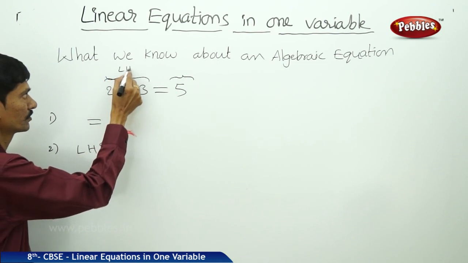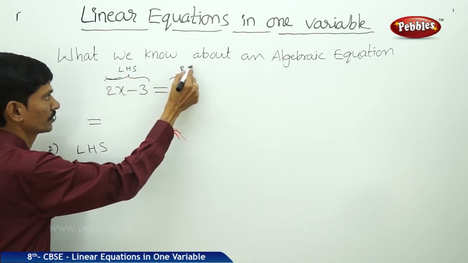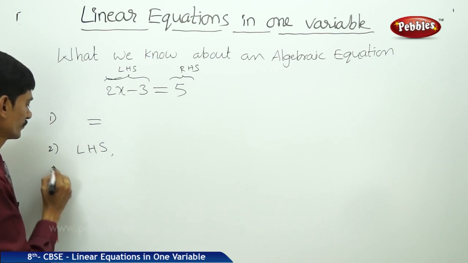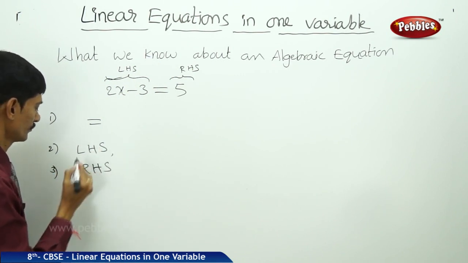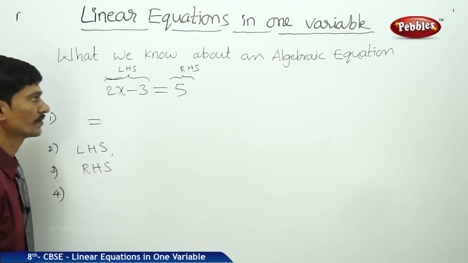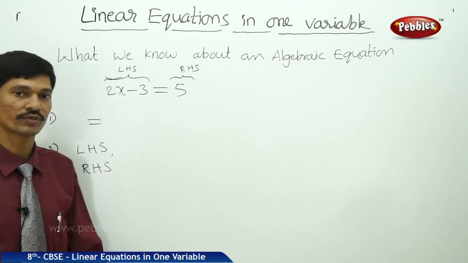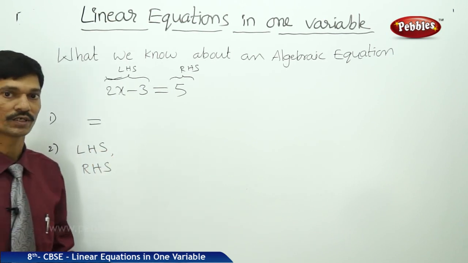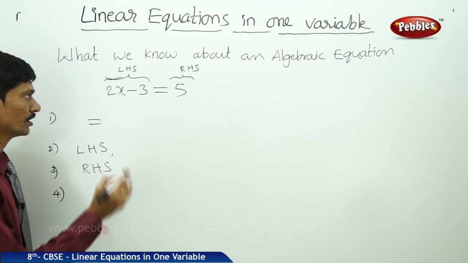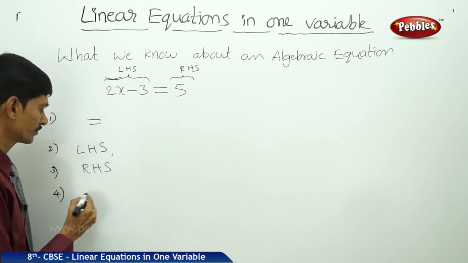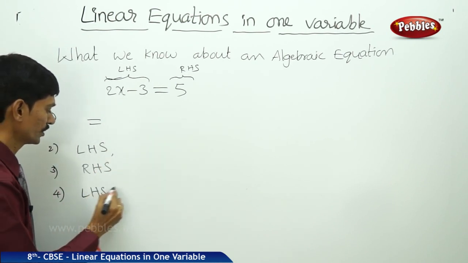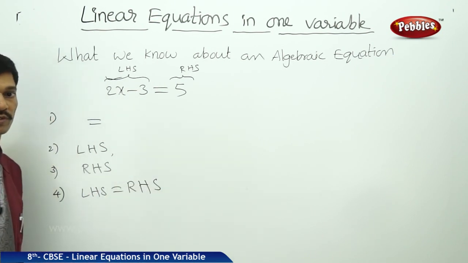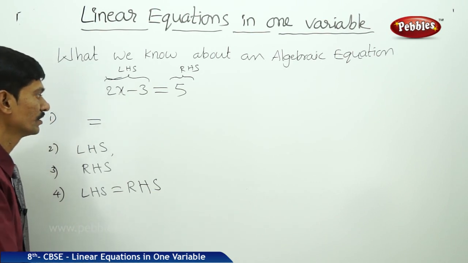This is LHS, this is RHS. Now the fourth point. In any algebraic equation, the values of LHS and RHS are equal. That means LHS equals RHS. So these are the 4 points to be observed in any algebraic equation.